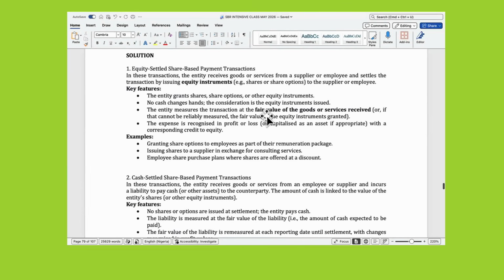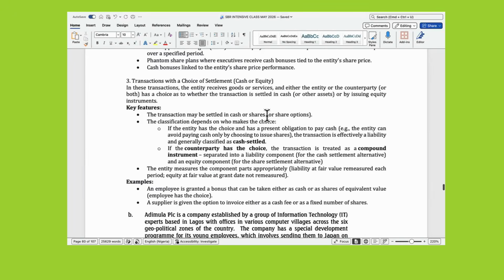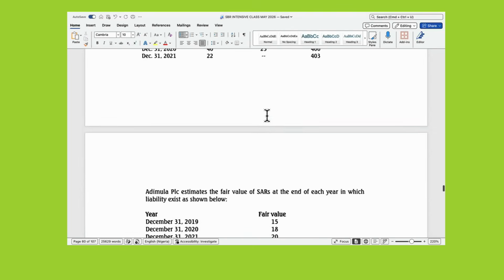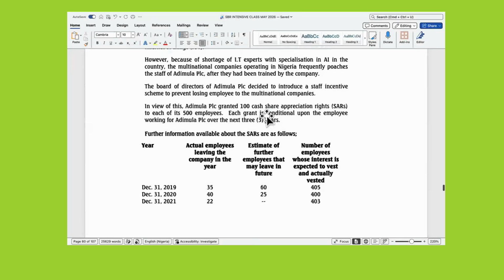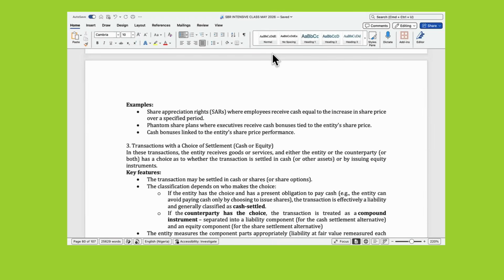So these are the three types of share-based payments transaction. We'll solve a question to see how it works. And when we solve more questions, when we see it in past questions again, you'll be able to at least know the types of share-based payment. Any questions?